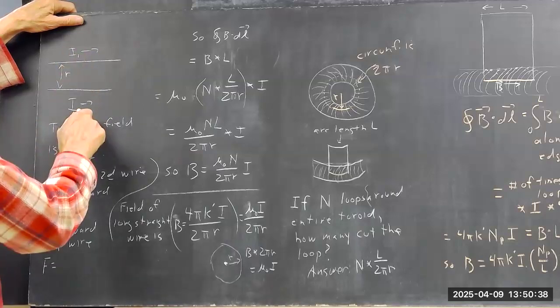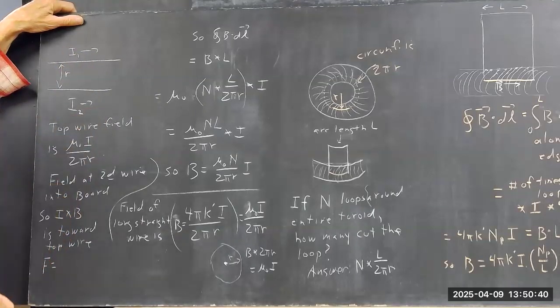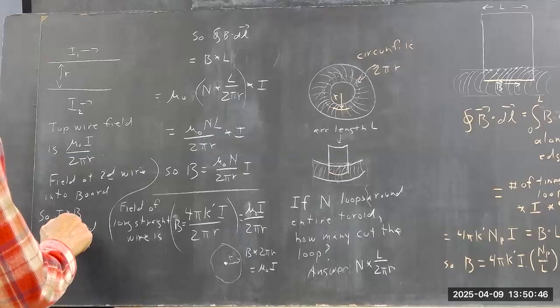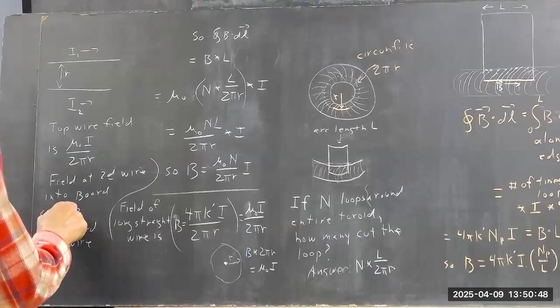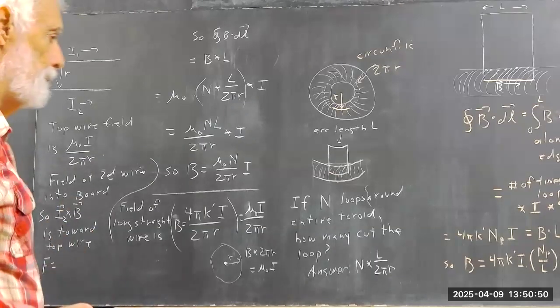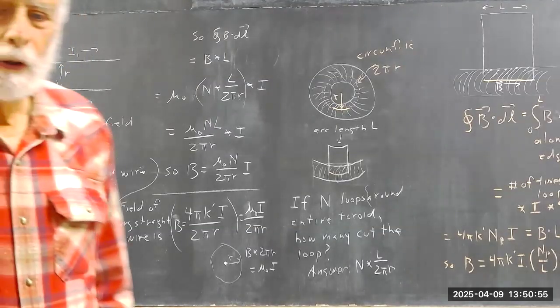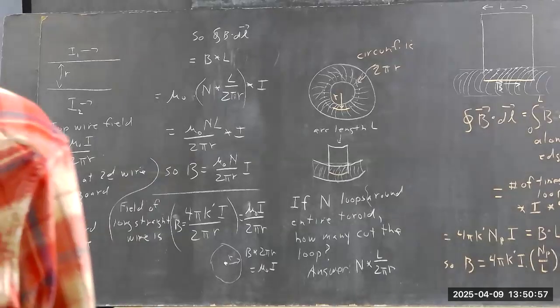I think your book does this. I was doing it for equal currents, but they don't have to be equal. So I'm going to make this I2. Okay, so what do you get when you cross I2 with B?